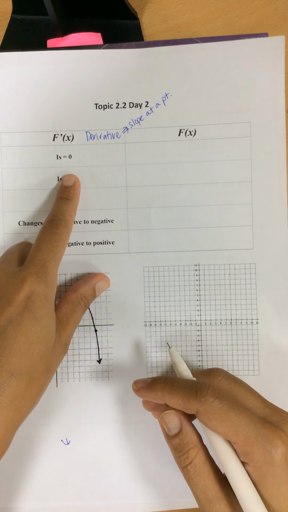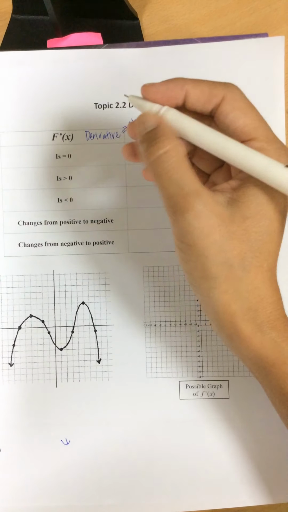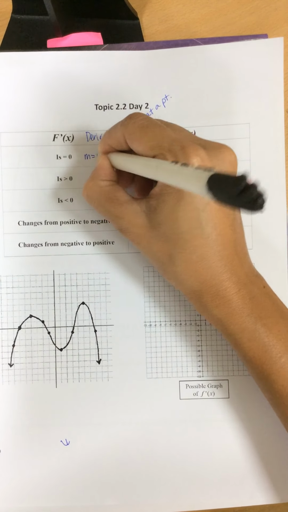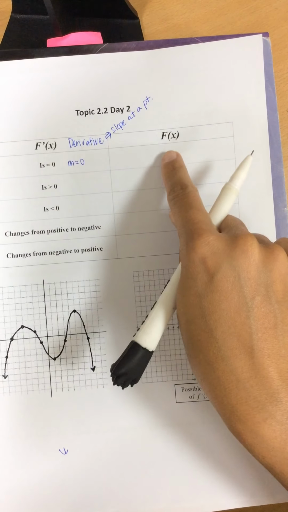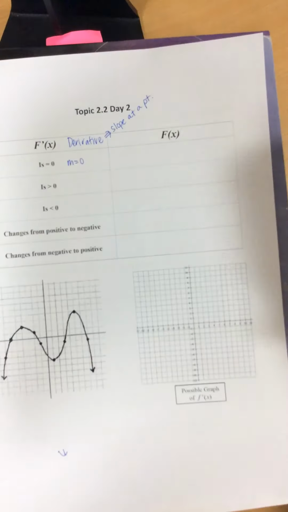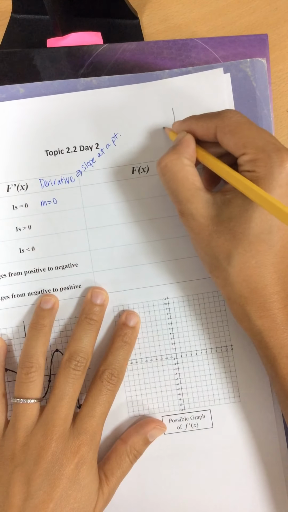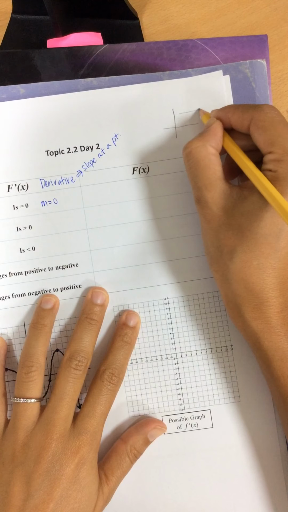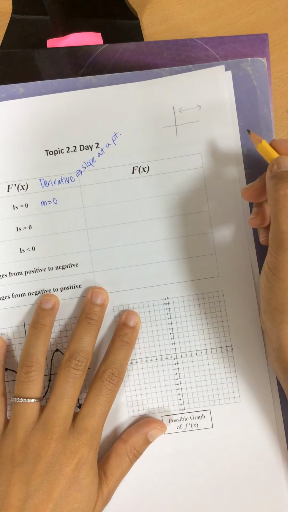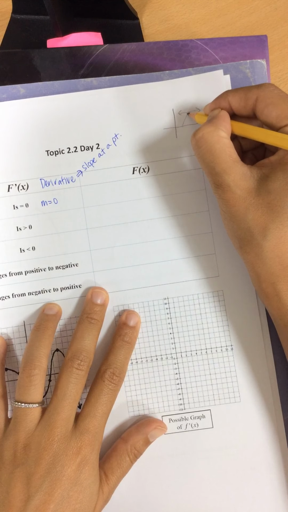So if the slope at a point is 0, what does that mean about the function? Well, if the slope is 0, that means that the slope is a horizontal line. How could you have a slope that's a horizontal line? Because the point is touching something like that, right?